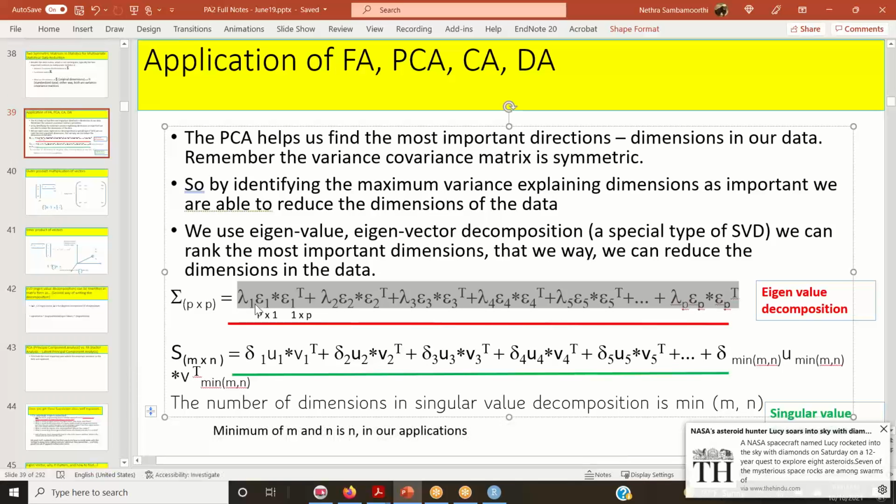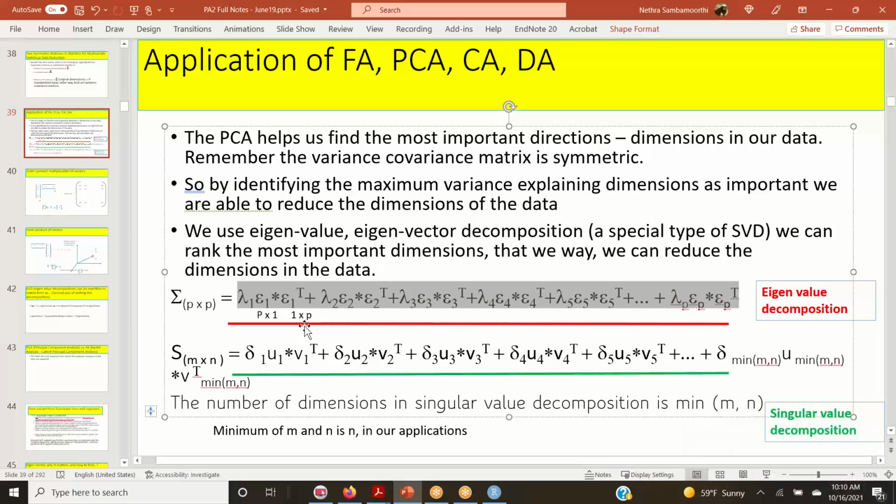The beauty of this representation is that it identifies in a hierarchical way the most important direction of the data, where most of the variance is occurring, and the next direction perpendicular to the first, where the next most variance is happening. That's a beautiful arrangement made by the mathematics for you.